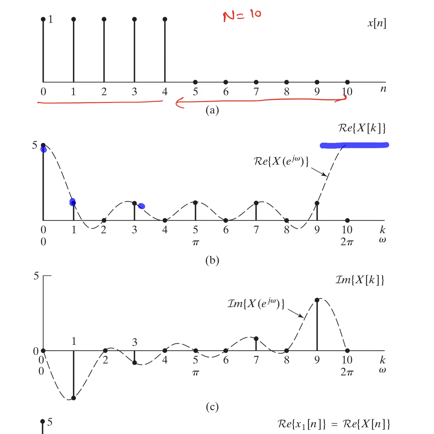So here we have also plotted the real part and the imaginary part of the discrete Fourier transform. Okay, so this is a 10-point DFT. The two labels we see on the x-axis are k and omega, because we are putting the Fourier transform and the discrete Fourier transform on the same axis.